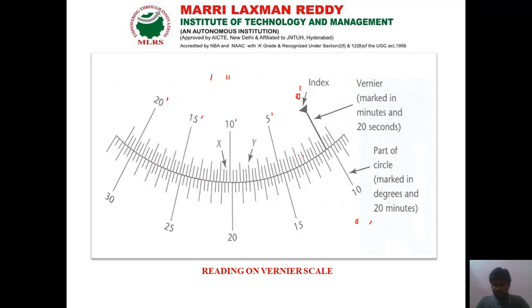First, in front of the index, the value is 10 degrees 20 minutes. Then we have to check which line coincides exactly between the main scale reading and the Vernier scale reading.